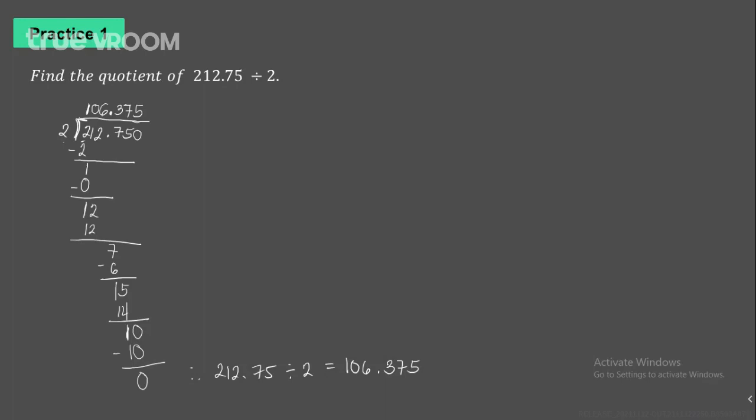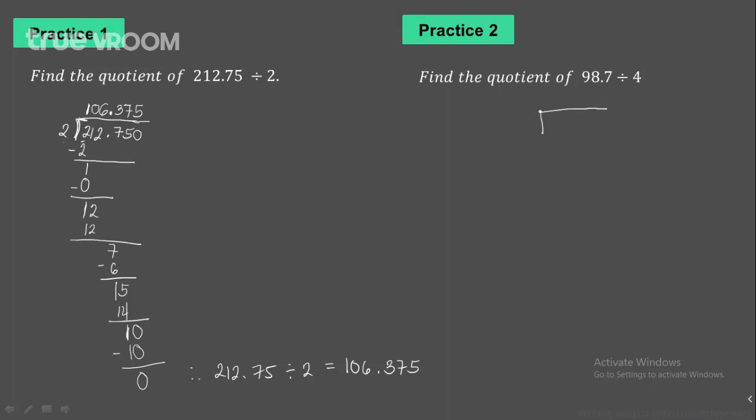Understood? Practice 1. Do you understand? Yes. All right. Next, practice 2. Find the quotient of 98.7 divided by 4.